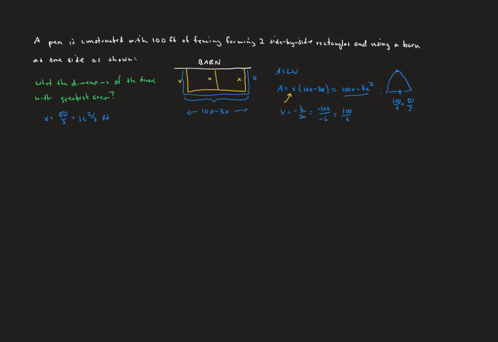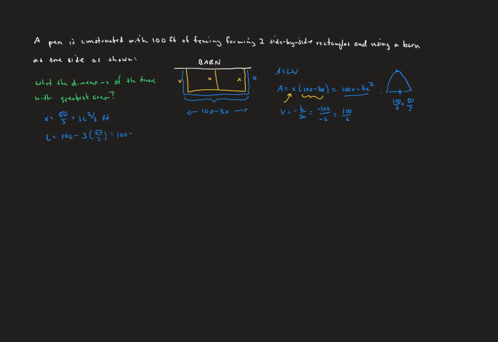and that, remember, is one of our dimensions on our rectangle. The length of our rectangle is going to be that other dimension, and that's going to be this 100 minus 3x. So that's going to be 100 minus 3 times our 50/3, which is what we said was the x.